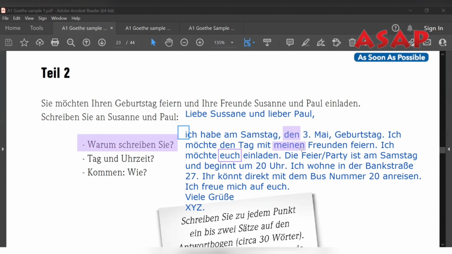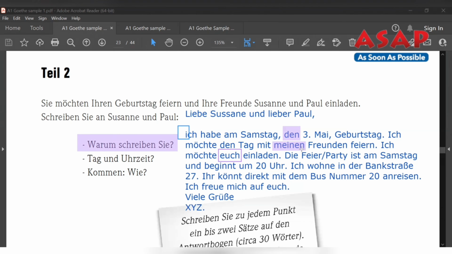Ich wohne in der Bankstraße. As I told you, I'm considering the last point, how to come. I'm informing my friends. Ich wohne in der Bankstraße 27. That is my address. So I'm telling them how they can come. Ihr könnt direkt mit dem Bus Nummer 20 anreisen or fahren. You can travel directly with bus number 20.